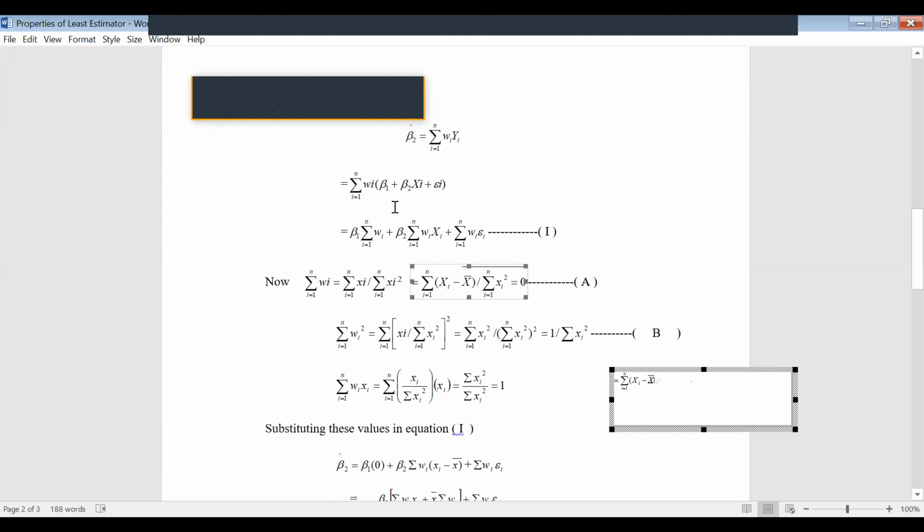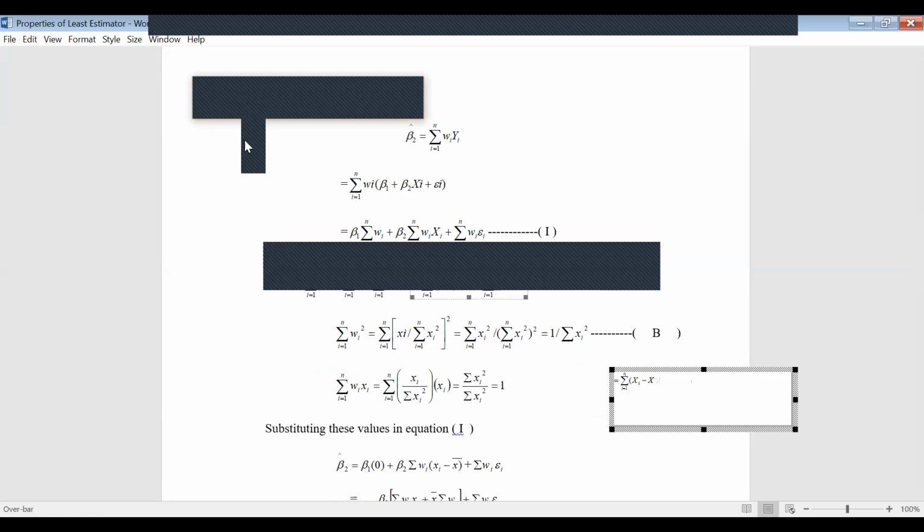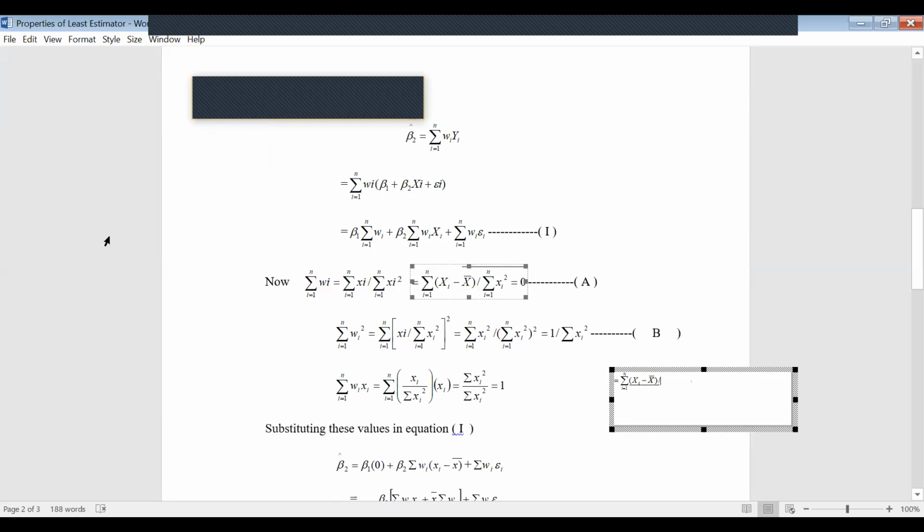Let me write it down again: xi minus x bar divided by summation i from 1 to n xi square.